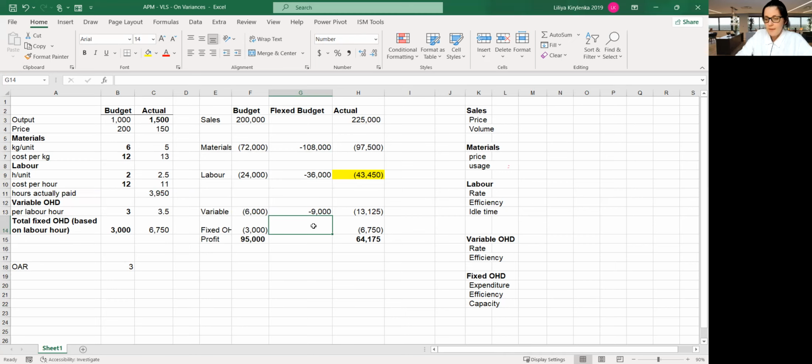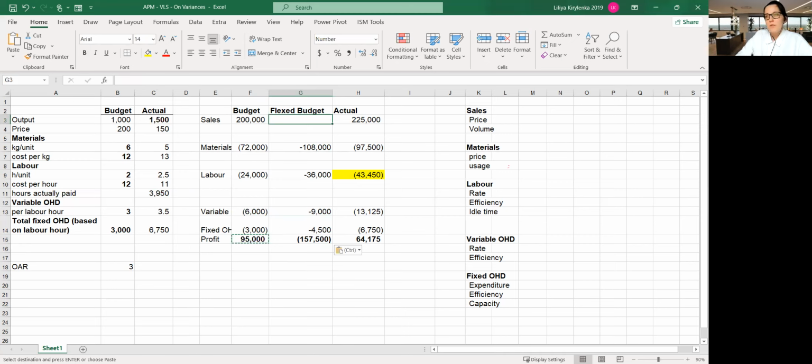Yep, I'm back. So I take this overhead absorption rate and multiply that by actual units produced. That gives me, well, now it's not profit, it's just expenses. And the question is, what do we put as the revenue figure?